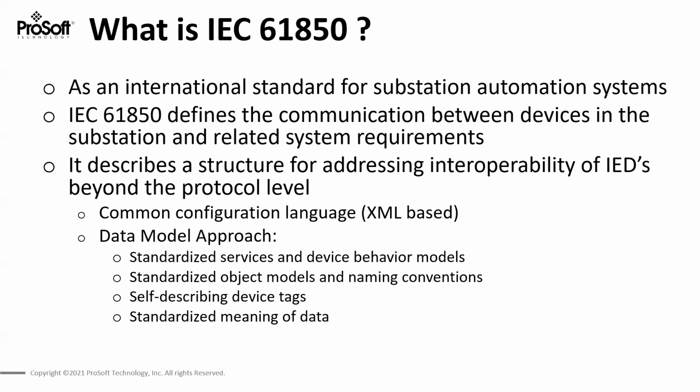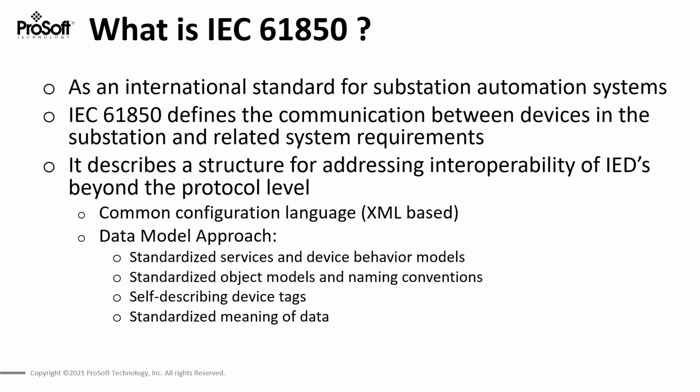And really the benefit that we see with 61850 is the fact that they were able to adopt a data model approach, a standardized service for different device behavior models, standardized object models and naming conventions. And the key thing that I really like about it is the self-descriptive tags.